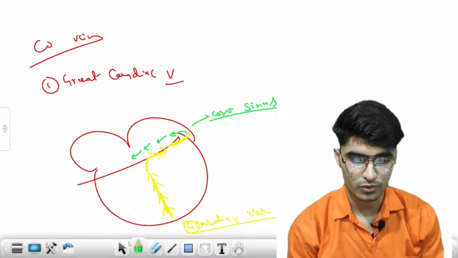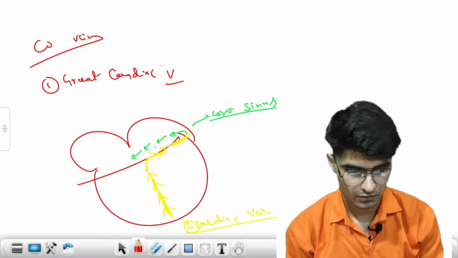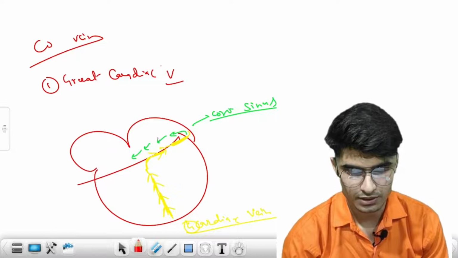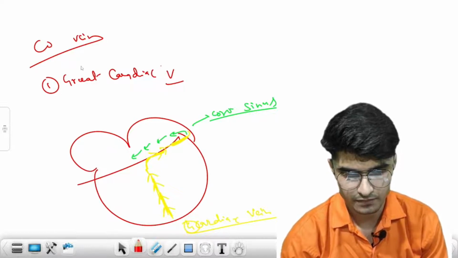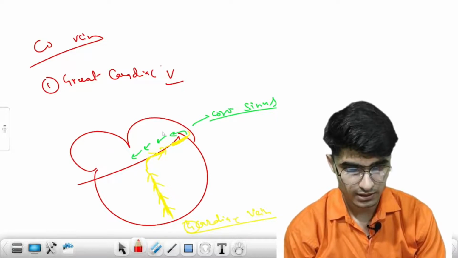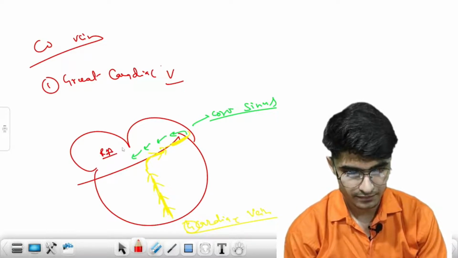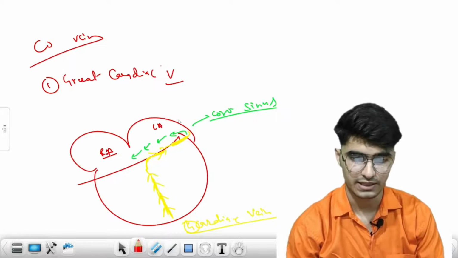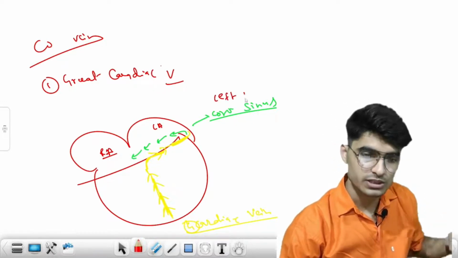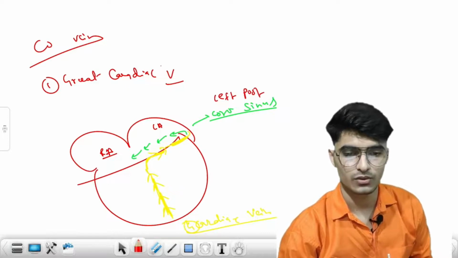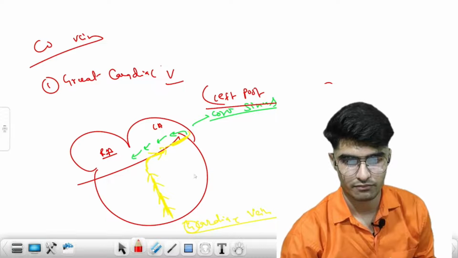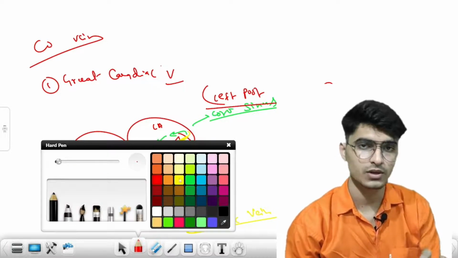The coronary sinus, the most important vein of the heart, drains into the RA posteriorly. And that is the LA, and it is present in the left posterior coronary sulcus. So this is the coronary sinus.